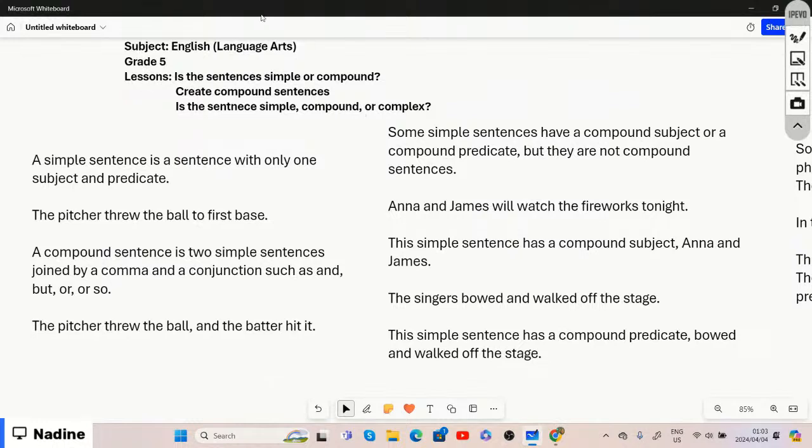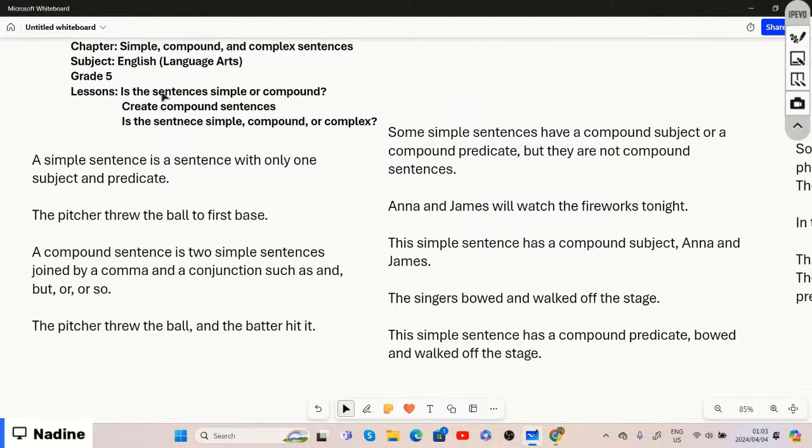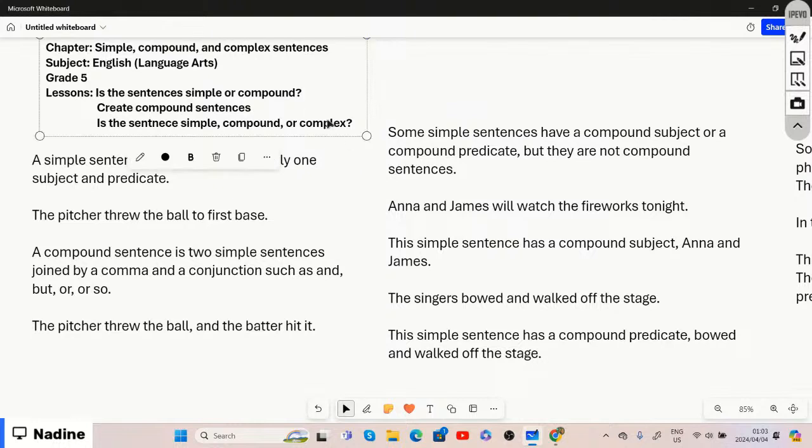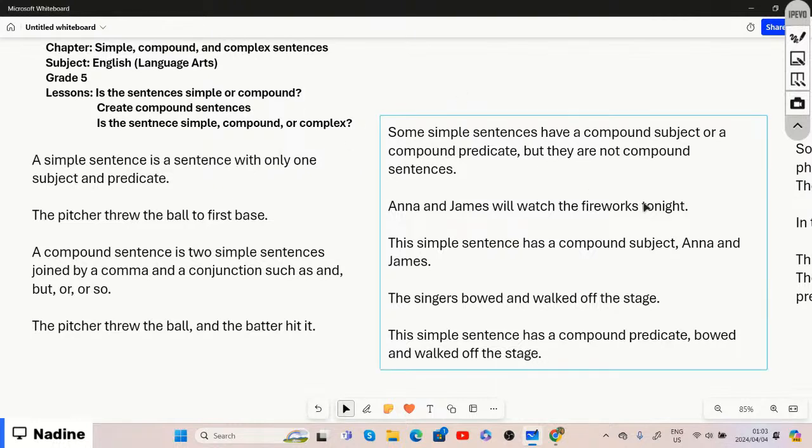All right. So our chapter is simple, compound, and complex sentences. Our subject is English language arts, grade 5.